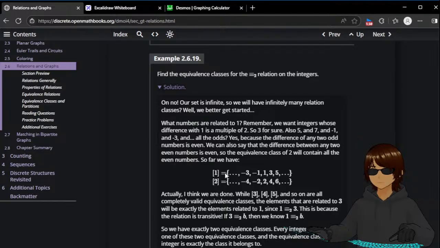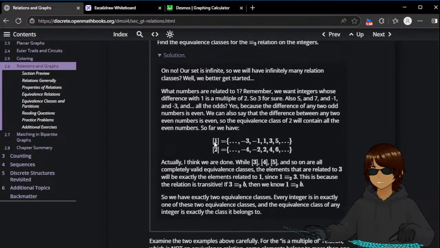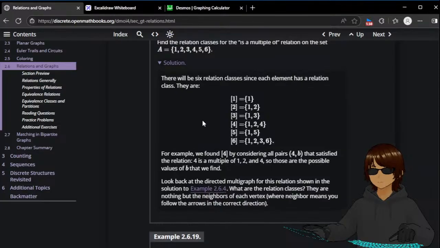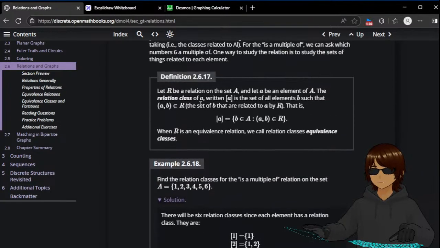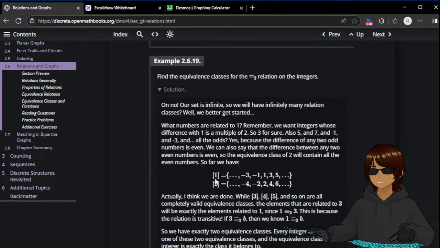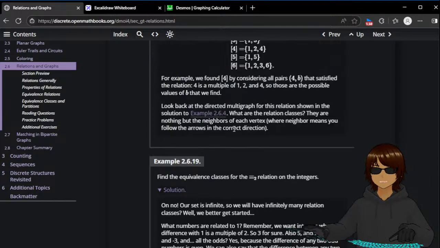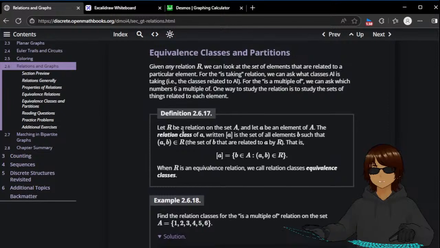So we have, what do you call this? Relation class, right? So relation class 1 and relation class 2 define a partition of the input subset. What do you call the subset that is being used?